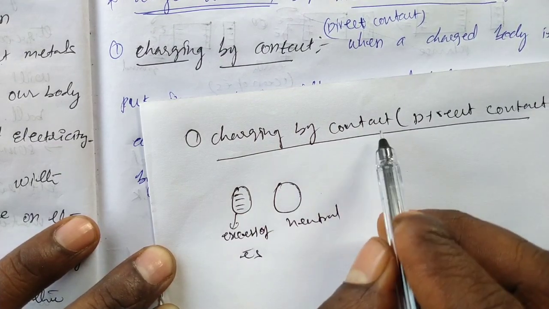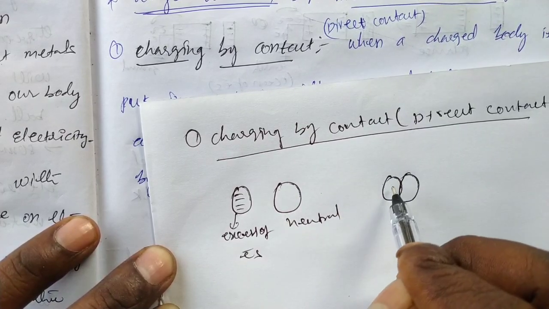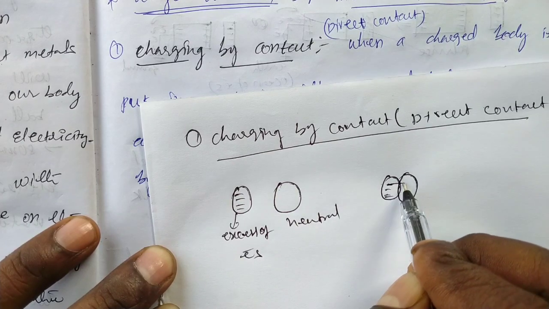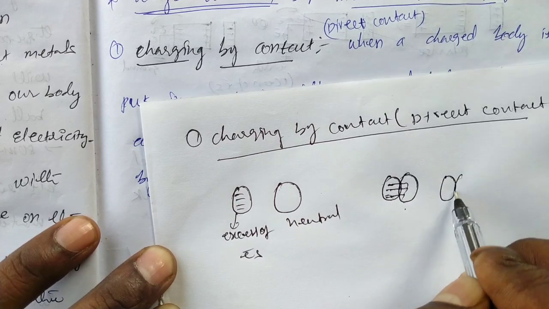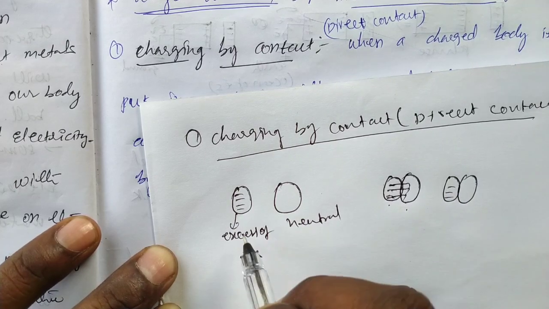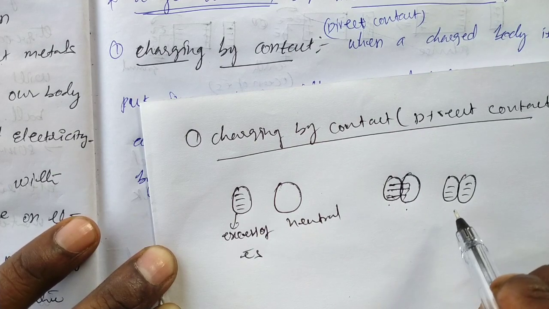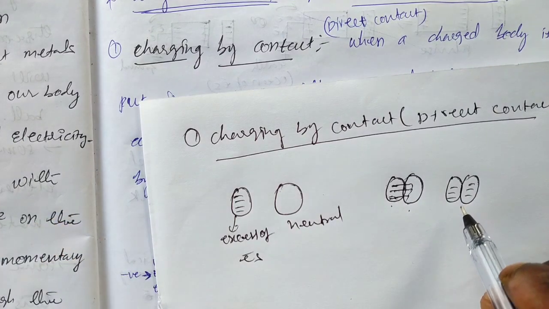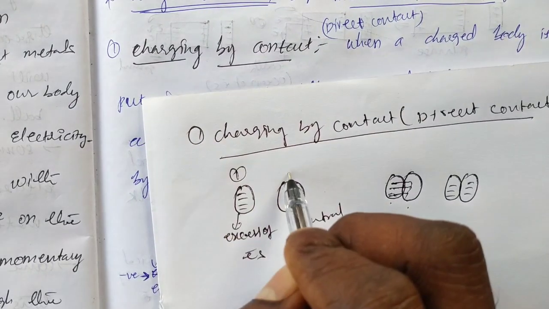When we make contact, one is negatively charged and the other is neutral, so the charge can be shifted to the other plate. Suppose there are 6 electrons: 3 in the first body and 3 in the neutral body. That is sharing of electrons by contact. The neutral body can be charged by the first body.